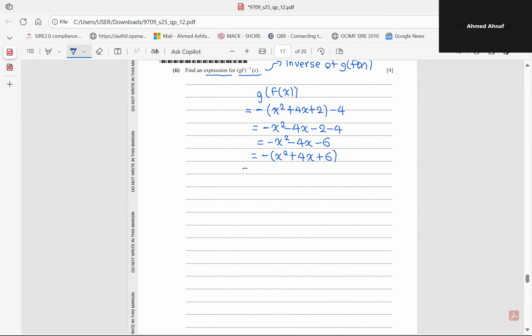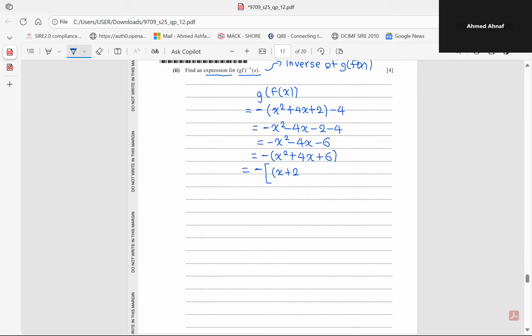Okay, and now let's change this to complete the square form. As you can see, our coefficient of x squared is 1, so we are ready to do that. So this would be x plus the coefficient of x divided by 2.